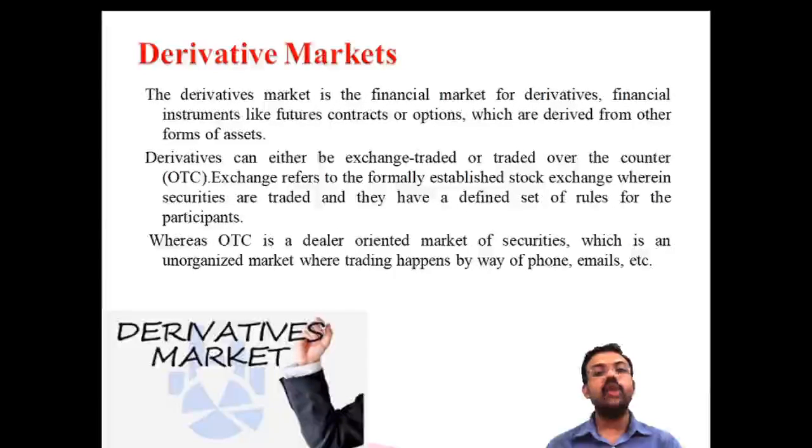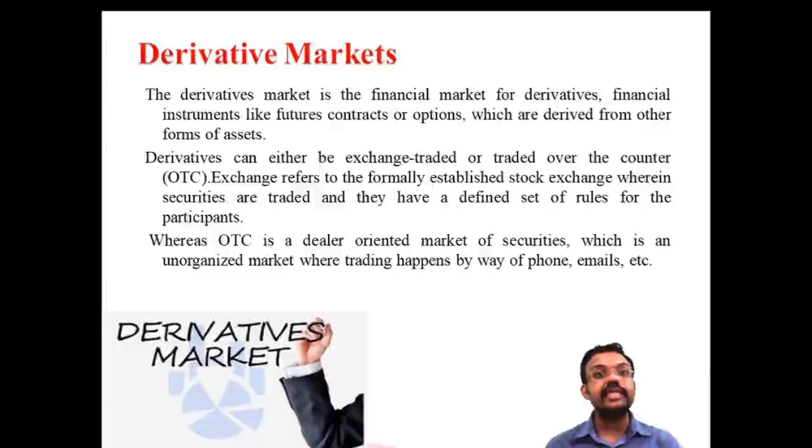Exchange traded means all transactions are taken through an exchange, and OTC means there is no intermediary. That means there is no exchange controlling the transactions between the buyers and sellers. This is known as the OTC market. OTC is a dealer oriented market for securities, which is an unorganized market.